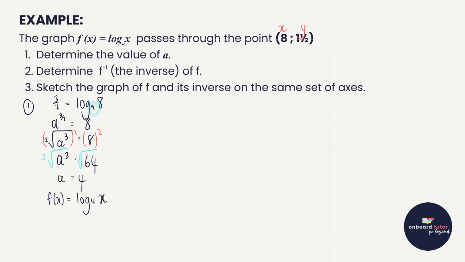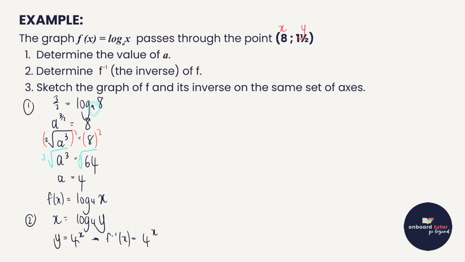To get our inverse, we switch those around and say x is equal to log base 4 of y, and now I want to end up with y on its own, so y is equal to 4 to the power of x. Which is the same as f to the minus 1 is equal to 4 to the power of x.